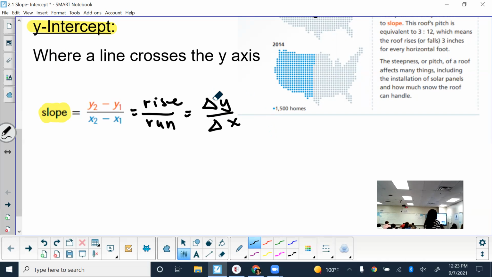And which one you use honestly just depends on what type of problem you're dealing with. So if I'm telling you to find the slope between two points, and my points could be like (3, 2) and (4, 7), then I would use this formula.